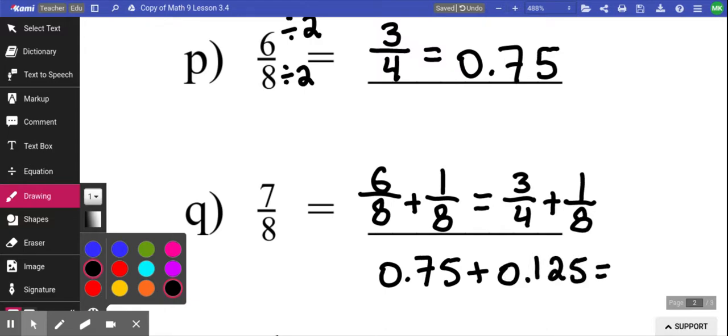That gives me 0.875. So with eighths, we either reduce it or we break it apart into 1/8 plus something else. Eighths is definitely the hardest one to convert easily.